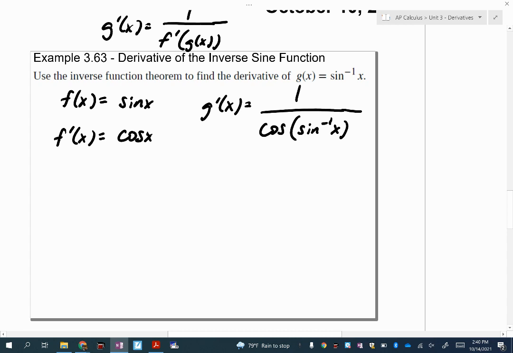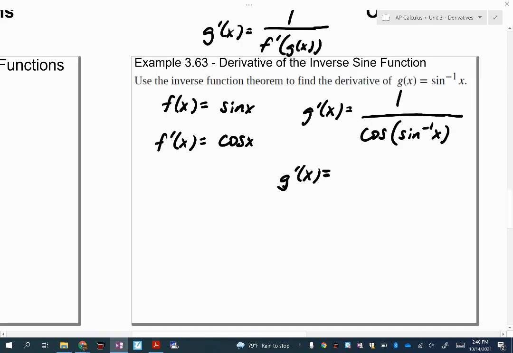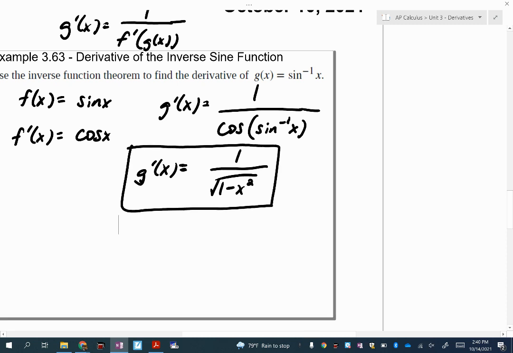Now, I'll show you in class on Desmos what this looks like when you graph it, but essentially what we know using that table of formulas is that this is the same as 1 over the square root of 1 minus x squared. So this is what we use going forward.